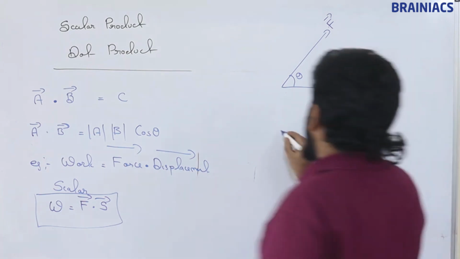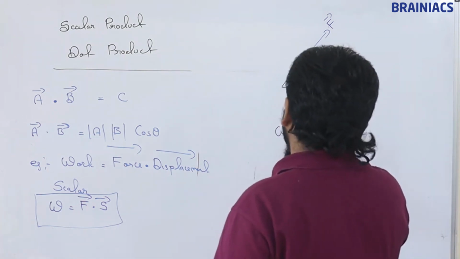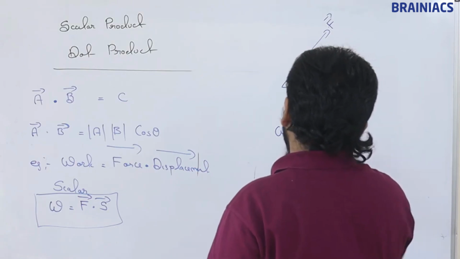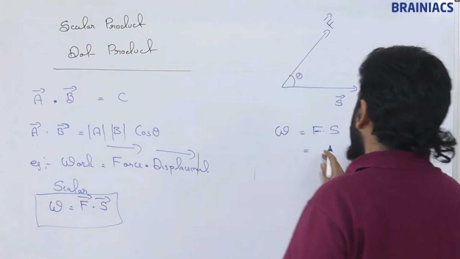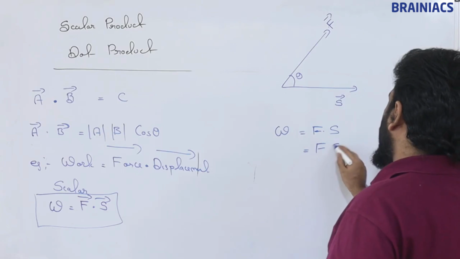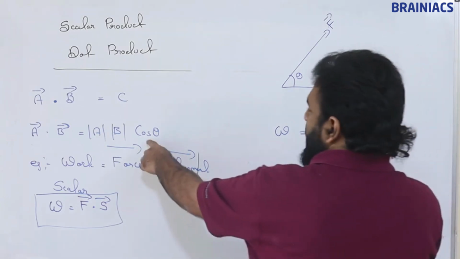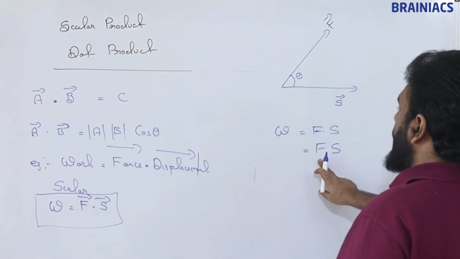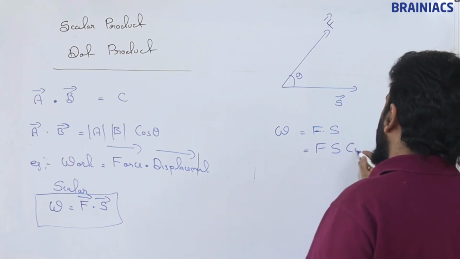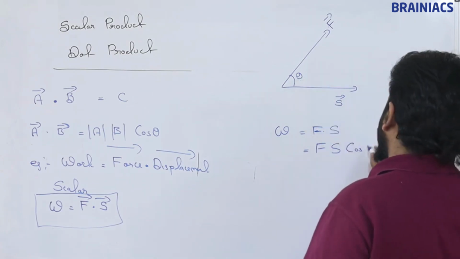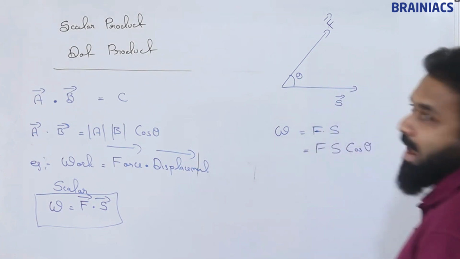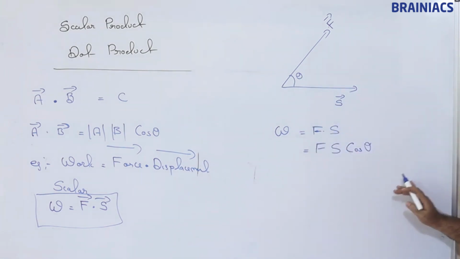So when we write work is equal to F dot S, according to the definition, it is magnitude of force into magnitude of displacement into cos theta. This angle is the angle between force and displacement.